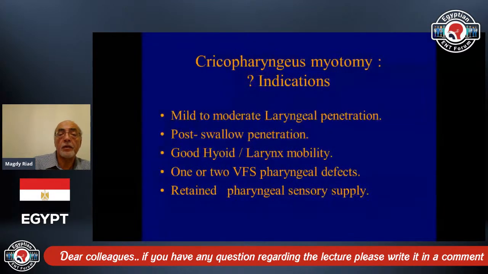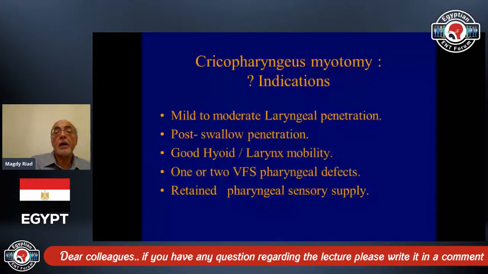If the larynx is not moving, the upper esophageal sphincter is not going to open up. And you shouldn't be using it for generalized dysphagia if you have more than 1 or 2 defects. If you have several defects in the base of the tongue and the palate and the pharyngeal wall, then conservative surgery like this doesn't usually work.